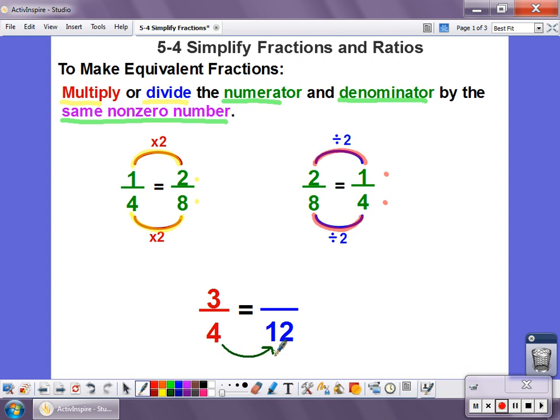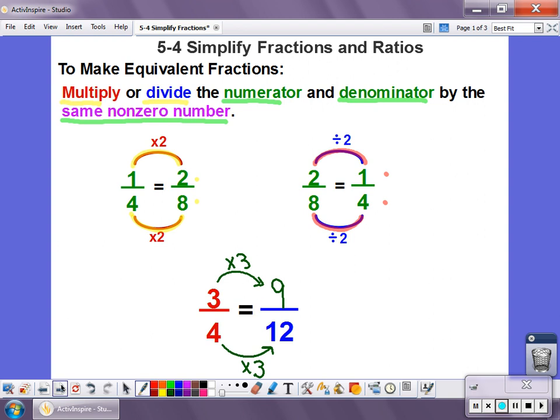And remember, we're either multiplying or dividing. So to go from 4 to 12, I multiply by 3. Whatever I did on the bottom, I have to do the same thing on the top. So if I did the denominator times 3, I'm going to do the numerator times 3, and 3 times 3 gives me 9. So 3/4 is equivalent to 9/12.